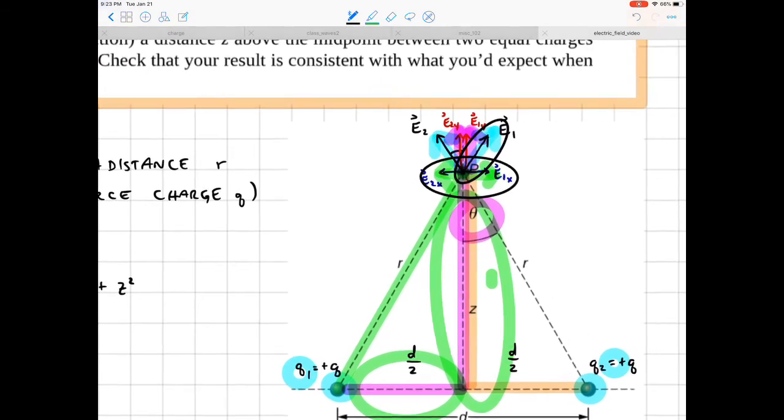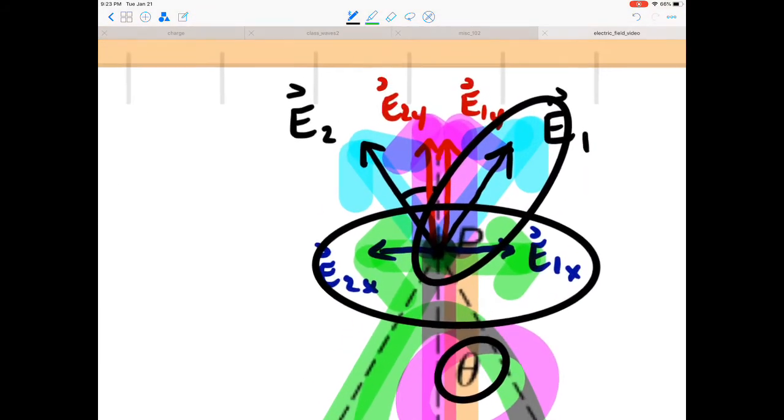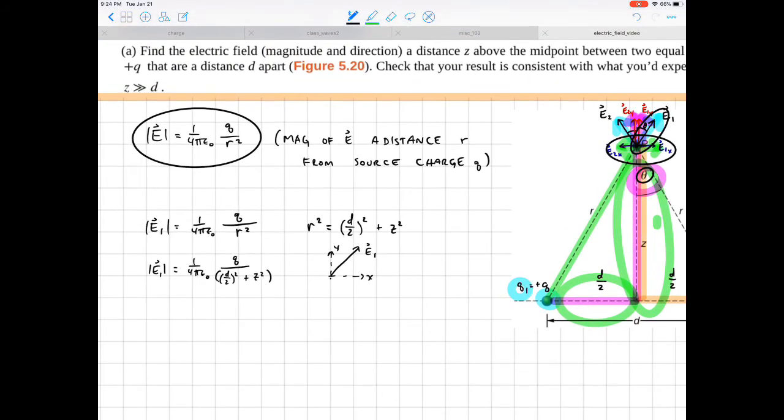If we look at the picture, we can see that the angle theta here is measured from the vertical axis. And so this angle right here is also theta. So that means we want the cosine of that angle to get the vertical component. So this is theta right here.